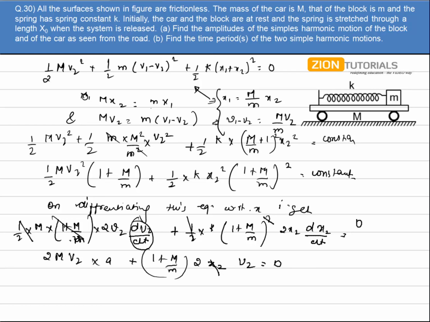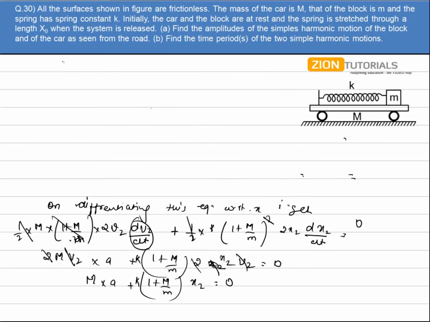So this x2, this v2 and v2 get cancelled, 2 gets cancelled, right? So the equation remains as capital M into acceleration plus (1 plus capital M by small m) into x2 is equal to 0, with the k over here. Fine.